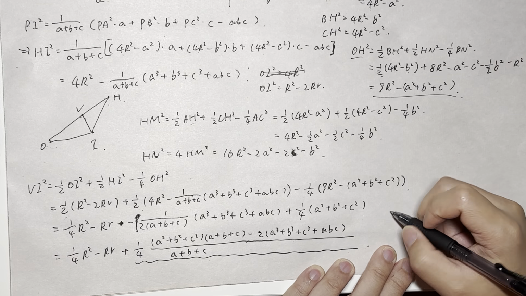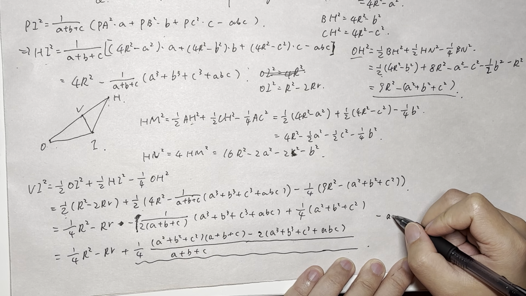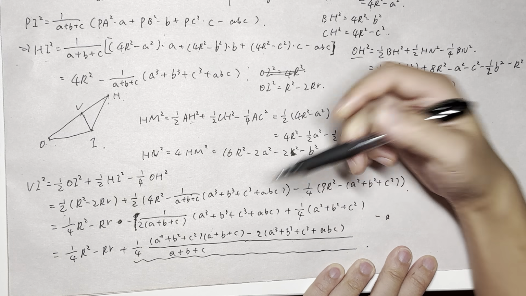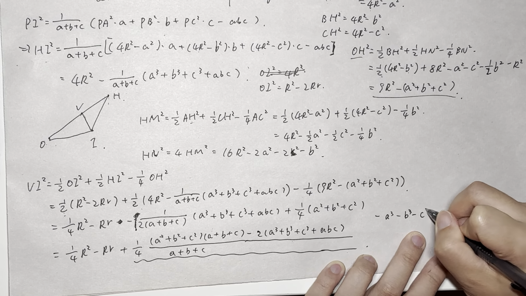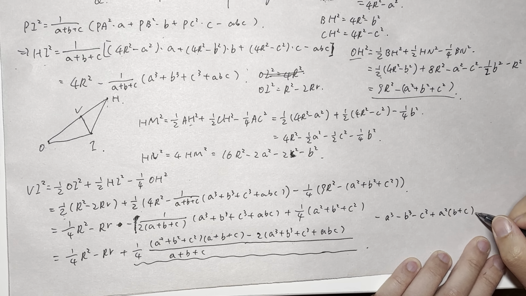For the top part, that actually is minus, let's write this way, yeah, minus, see here, a to the power 3 minus 2a to the power 3, so minus a to the power 3, and similarly minus b to the power 3 minus c to the power 3, and we have a squared times (b plus c), so plus a squared times (b plus c), and plus b squared times (a plus c) plus c squared times (a plus b).